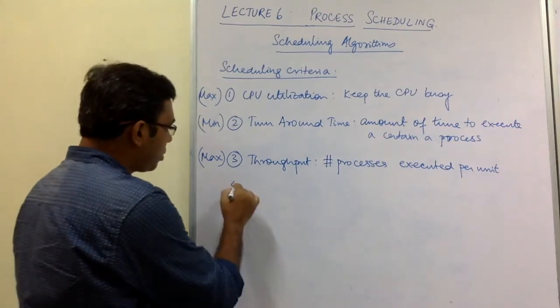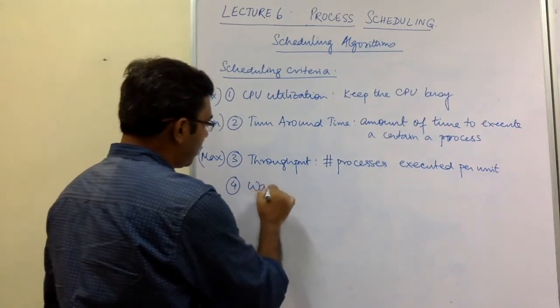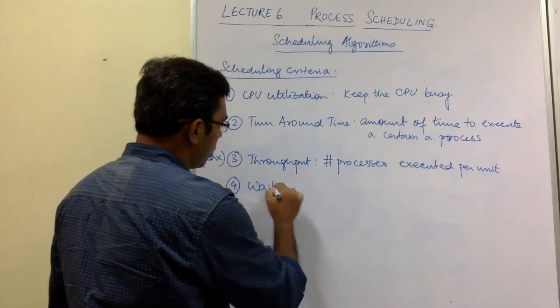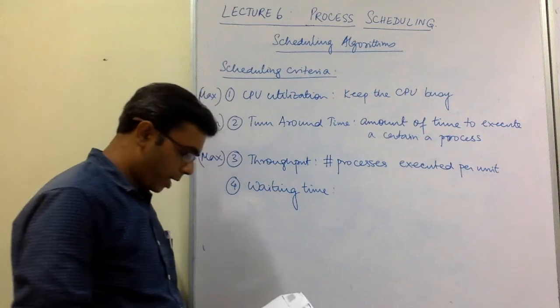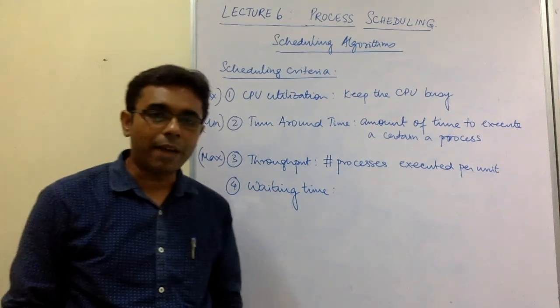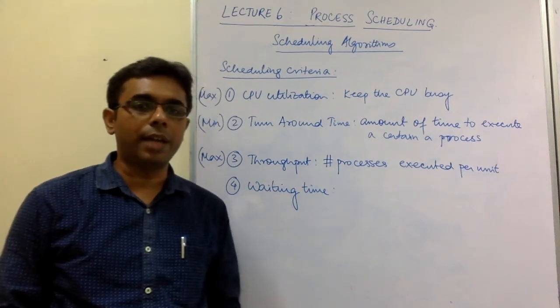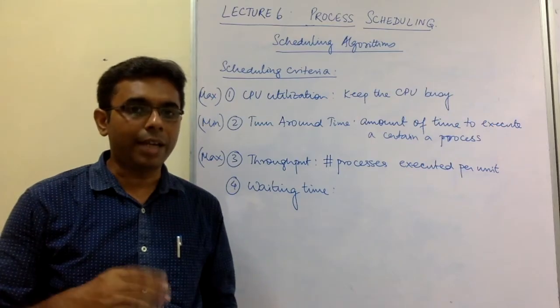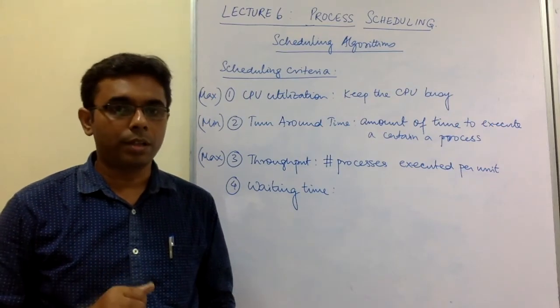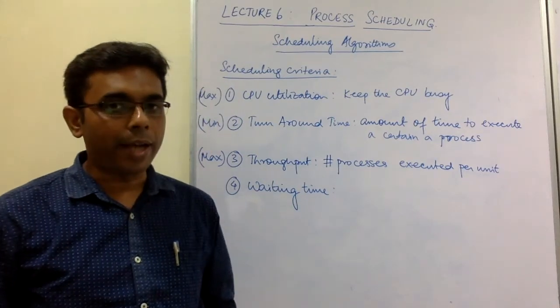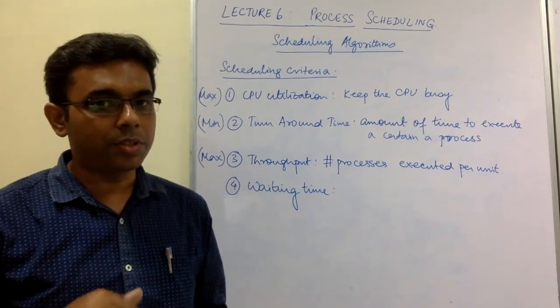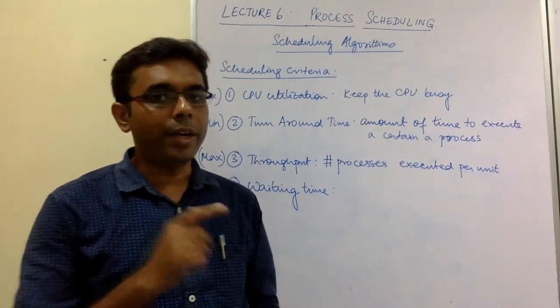And then we talk about the fourth parameter, and this is called waiting time. Now what do we mean by waiting time? We already have seen that processes in their life cycle either get executed on the CPU or they wait. Now this wait involves waiting for I/O as well as the time that a particular process spends on the ready queue.